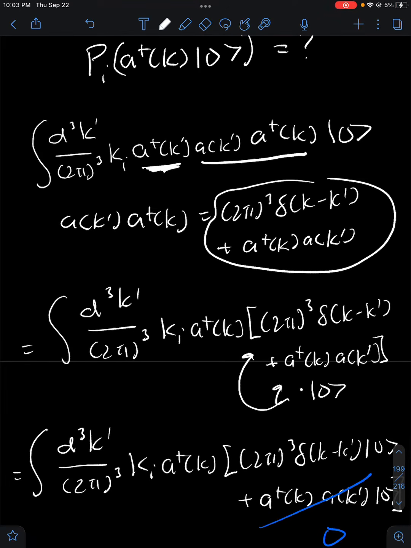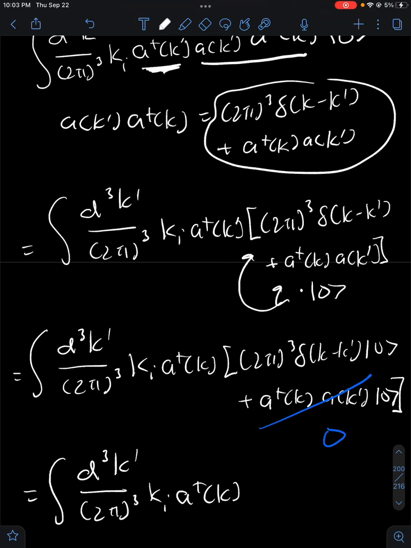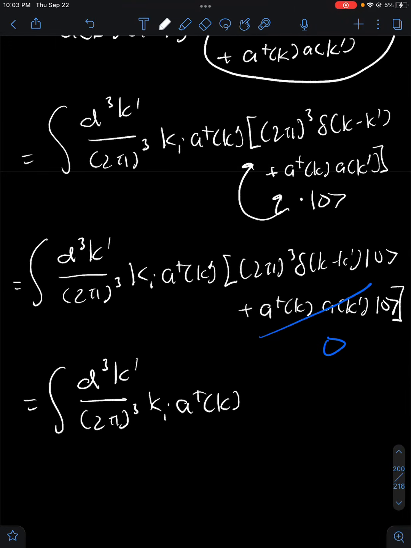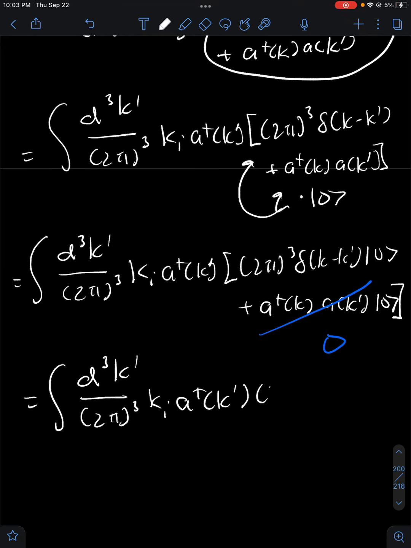It's kind of hard to keep track of all the primes sometimes. So now we have 2 pi cubed delta k minus k prime acting on the vacuum state. There isn't enough space to put it here, so just note that it's times the vacuum state.